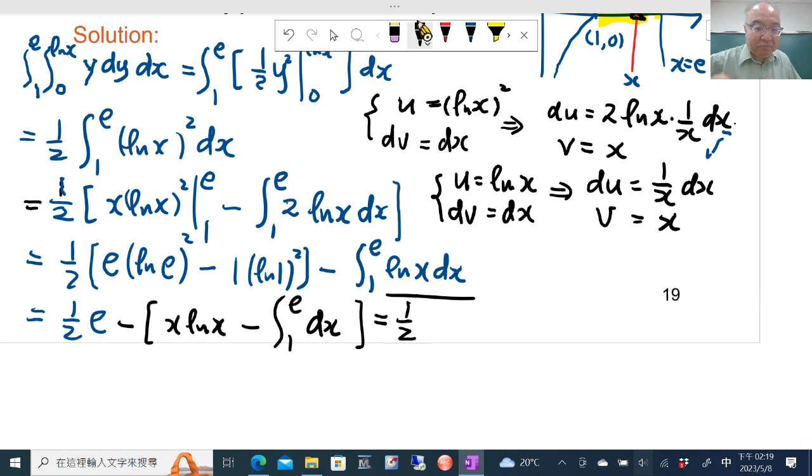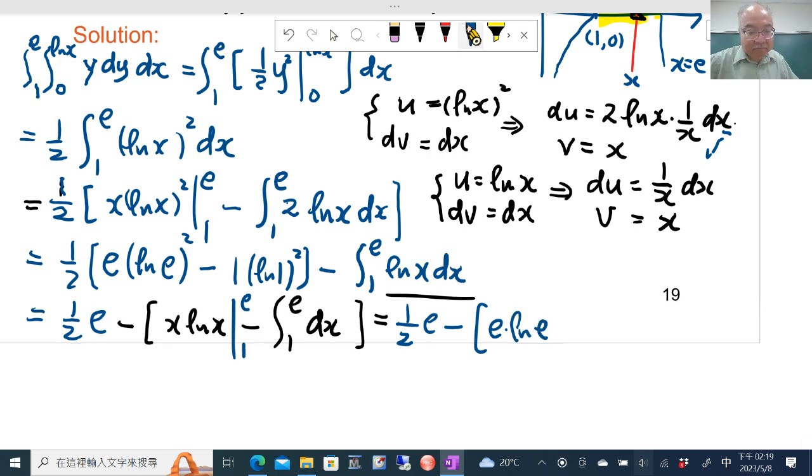So we have 1/2. Oops. Let me go back to the first part. I forgot, here should be 1 to e, minus e times ln e minus 1 times ln 1, and minus x from 1 to e.